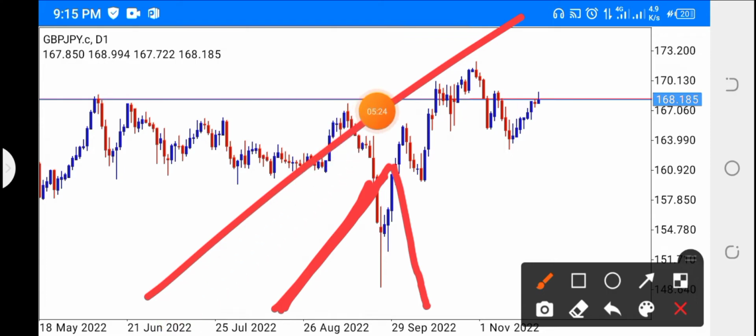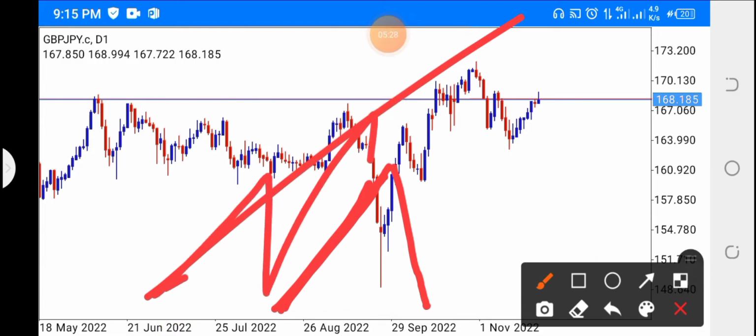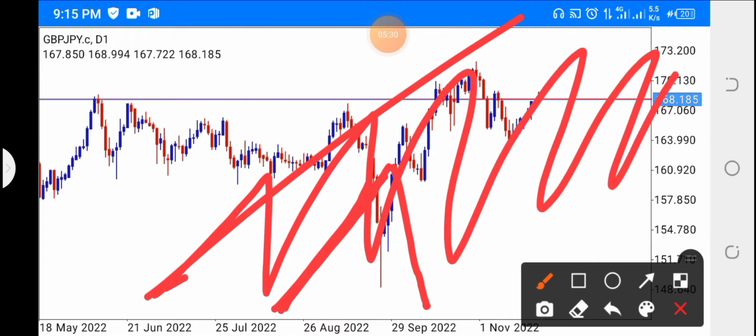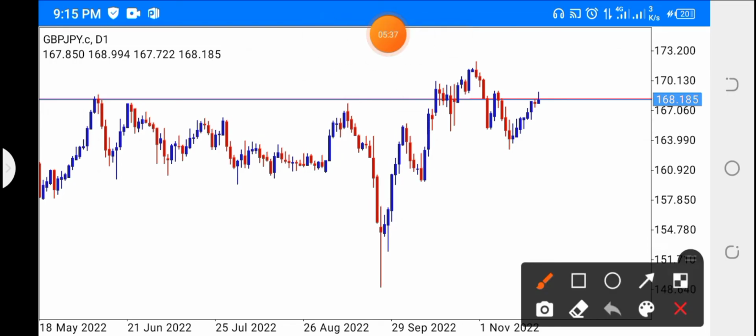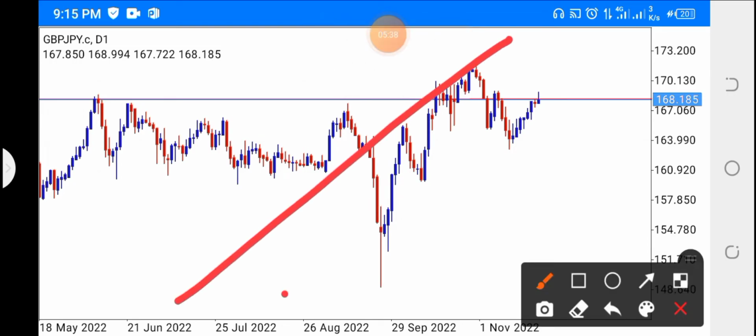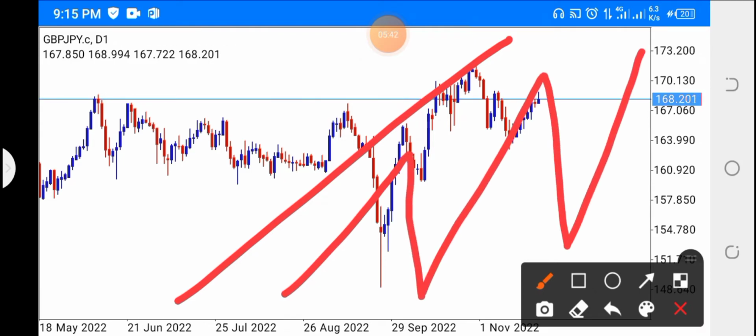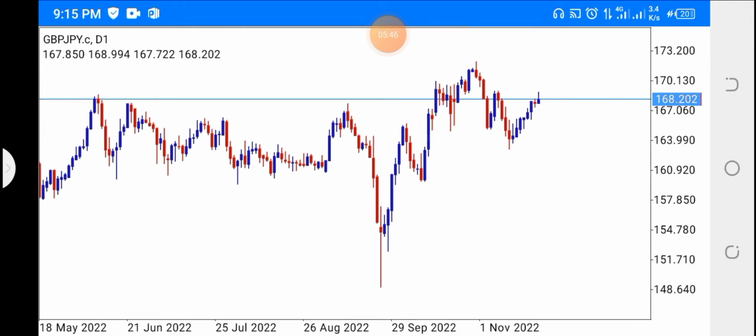It has to move in a stair-step manner. It has to move and retrace, move and retrace, move and retrace. It will not just be going straight like that. That is the basics of it. So that is how price moves.